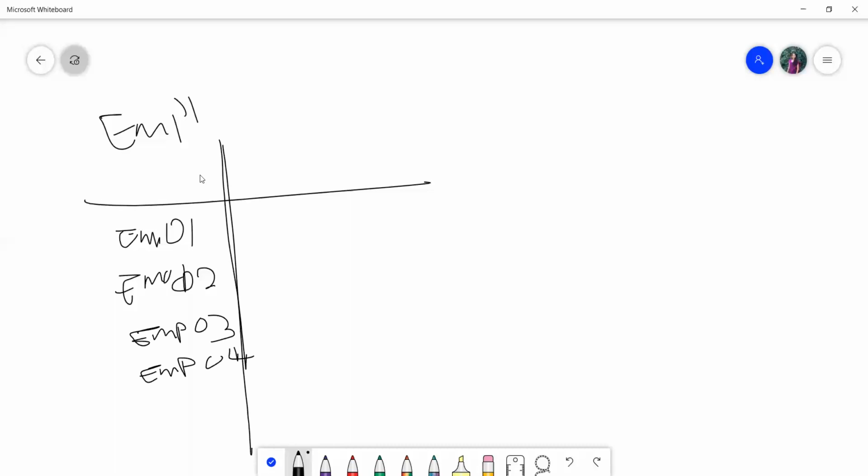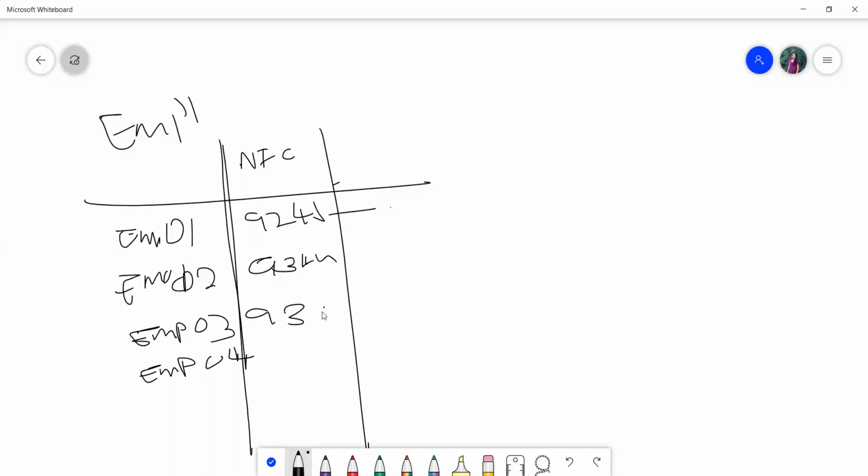So you can see this is NIC. Let's take 4 values for NIC. In this example, okay, like this. You can see these are unique, no duplication values. So you can use this one or this one as a primary key.